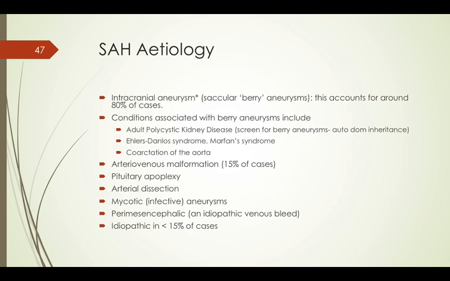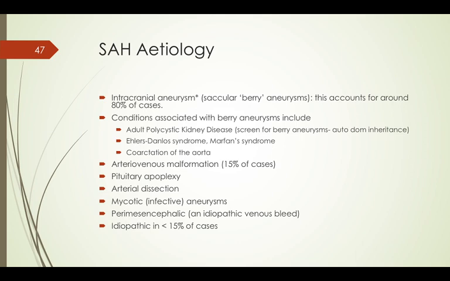So causes of it, so as I said, trauma is the main cause, but for those which are spontaneous, it can be due to an intracranial aneurysm. So, there are 3 types of aneurysms: saccular, fusiform and berry, and in the brain it tends to be berry aneurysms. There are conditions associated with subarach hemorrhages, like adult polycystic kidney disease, which is an autosomal dominant condition.